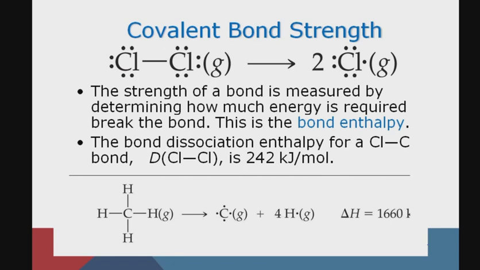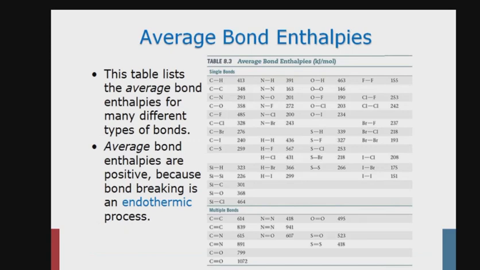The bond dissociation enthalpy for the Cl-Cl bond is 242 kJ per mole. This table lists the average bond enthalpies for many different types of bonds. Average bond enthalpies are positive because bond breaking is an endothermic process.